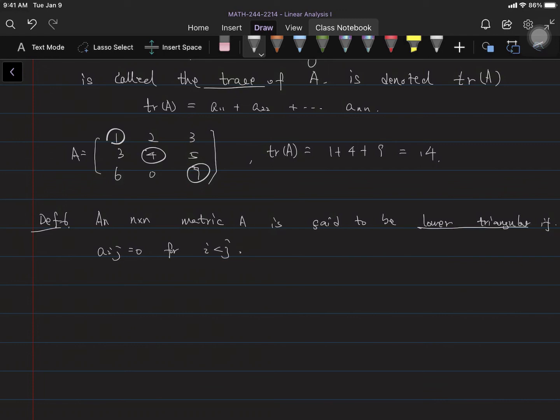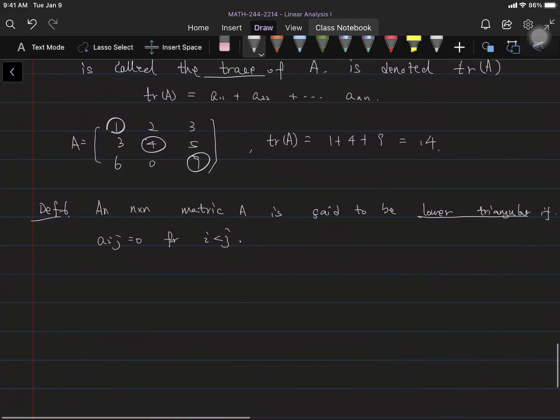I'm going to show you an example. Don't worry too much, it's pretty easy to understand. And the same thing, upper triangular if a_ij equals 0 for i greater than j.